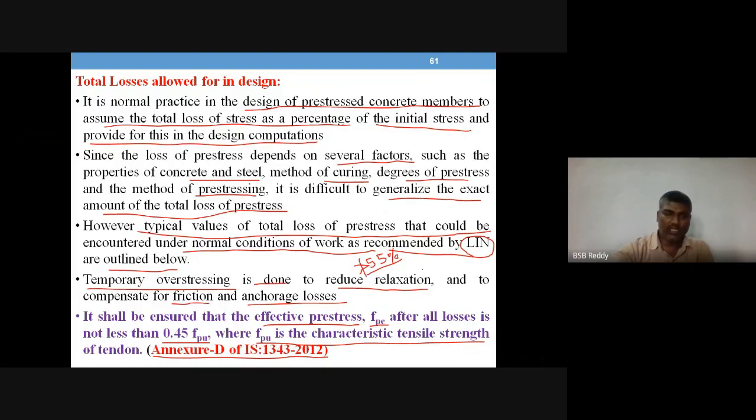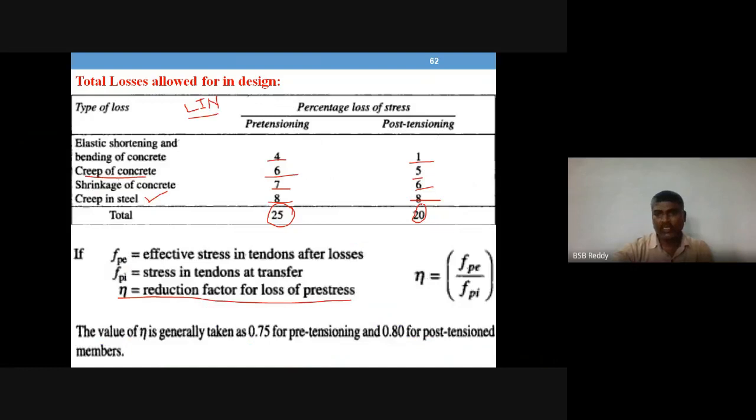If you follow the IS code notations, it is FPE divided by FPU, that is the notation to be followed. The textbook follows PI as stress at transfer, whereas IS code follows FPU as the characteristic strength of steel.